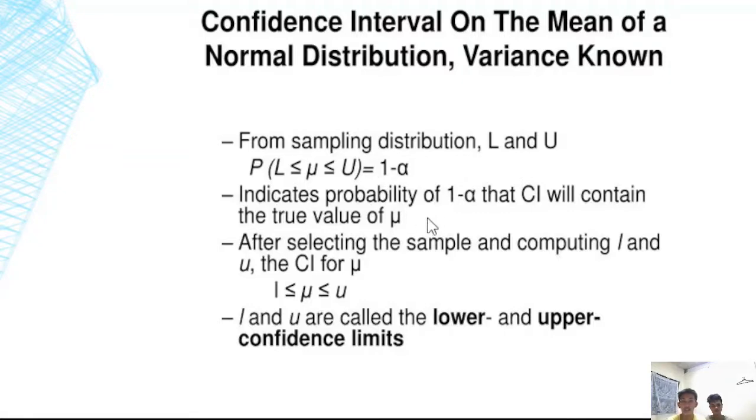This indicates a probability of 1 minus alpha that the confidence interval will contain the true value of mu. After selecting the sample and computing L and U, the confidence interval for mu is L less than or equal to mu less than or equal to U. L and U are called the lower and upper confidence limits.